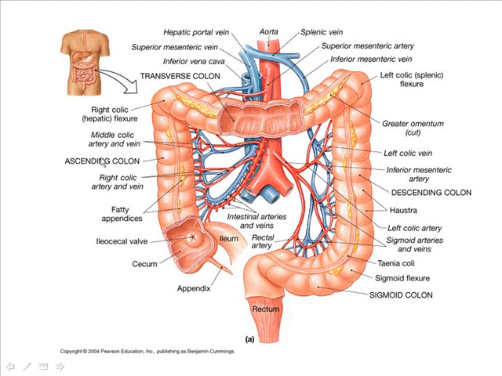You need to know ascending colon, transverse colon, descending colon. Okay? You should be able to identify the inferior mesenteric artery. You should be able to identify the superior mesenteric artery.